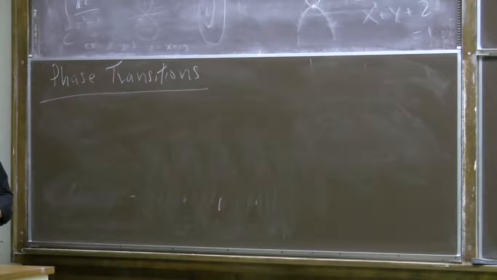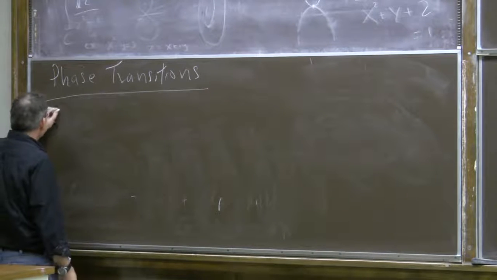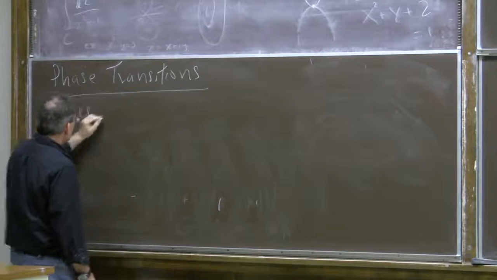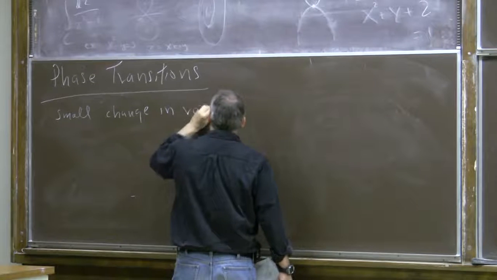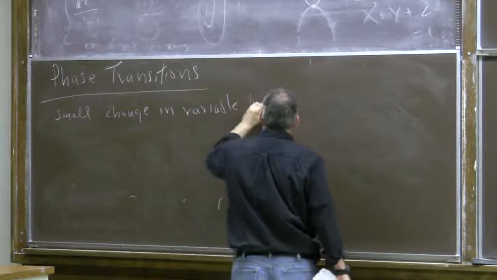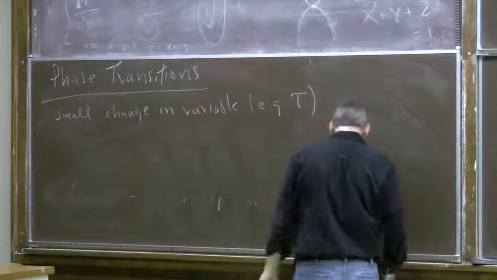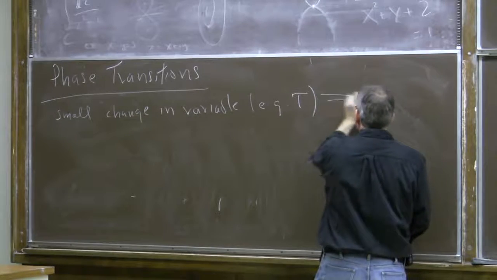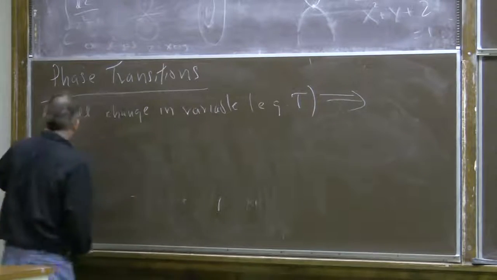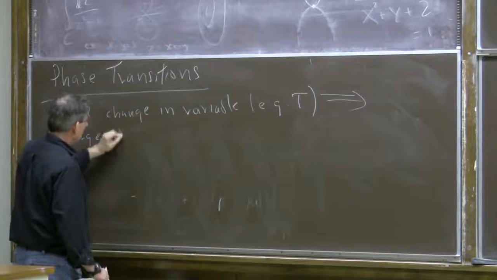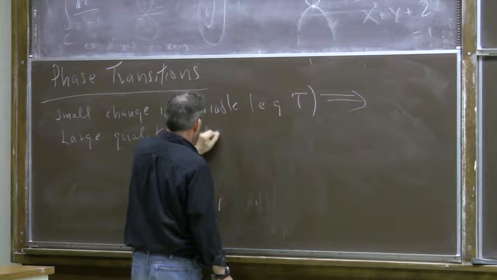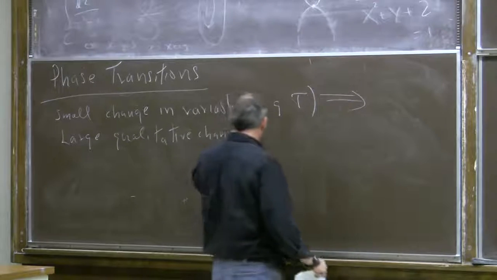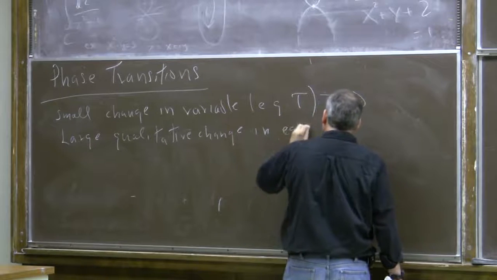Generally speaking, when we speak of a phase transition, we have in mind that some small change in a system variable, like, for example, the temperature, it could be something else, results in some large qualitative change in the equilibrium state of the system.